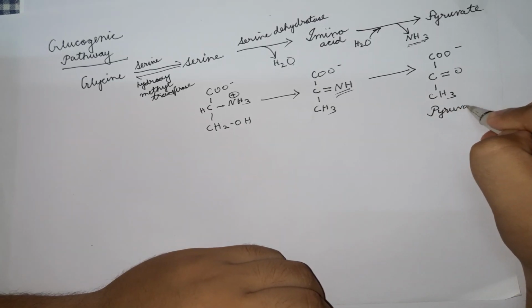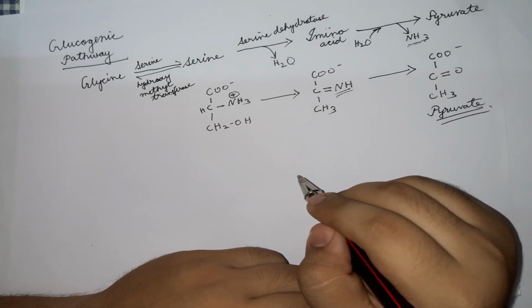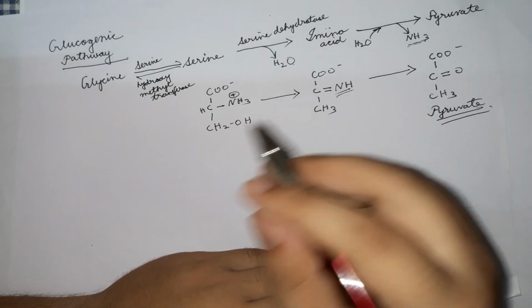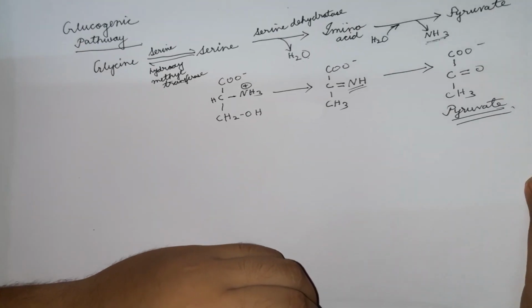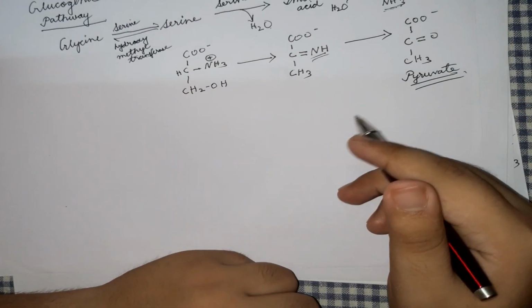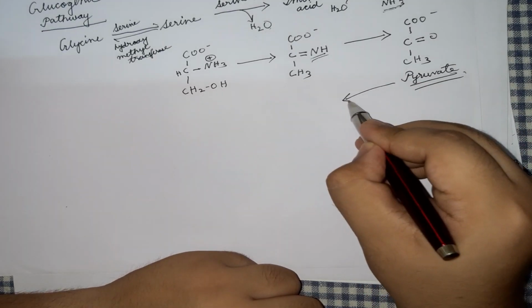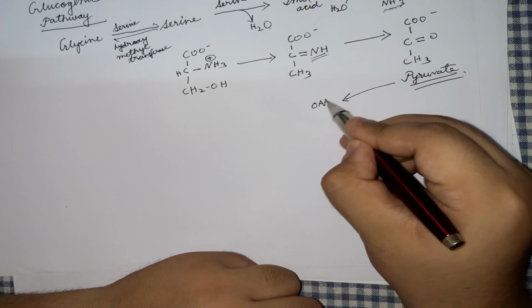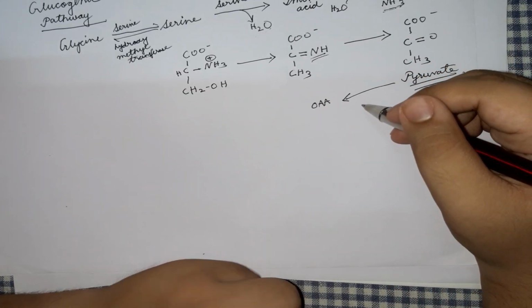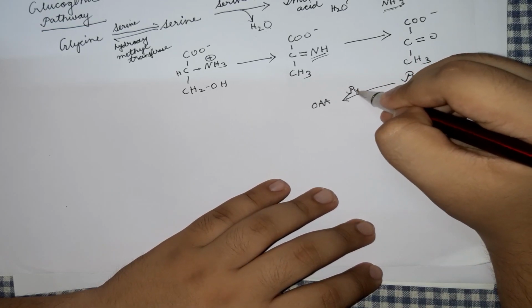So that is an important pathway, and that is how the glucogenic pathway is occurring as far as glycine is concerned. As I've already told, if you form pyruvate, pyruvate will now form oxaloacetate by the reaction of pyruvate carboxylase.